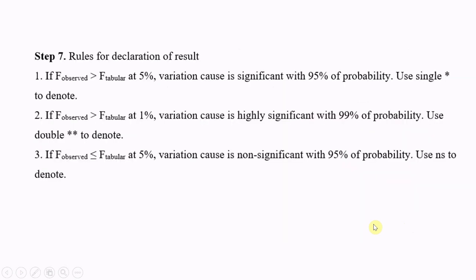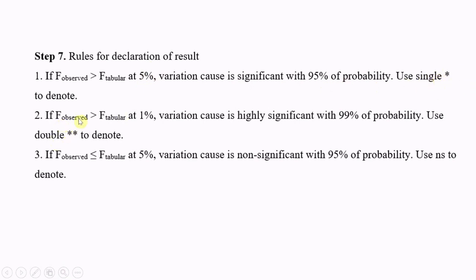So what are the rules for declaration of the result? If your observed F value is greater than tabular F value at 5%, that means the variation is significant with 95% probability, so we denote it using a single star.